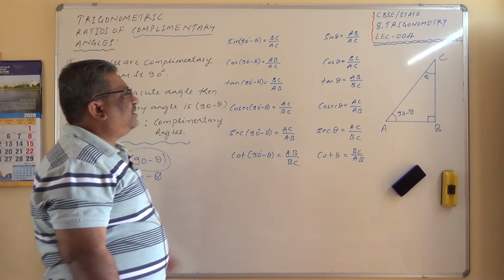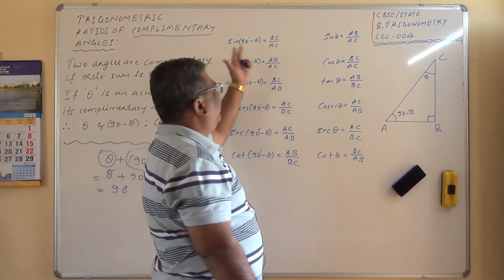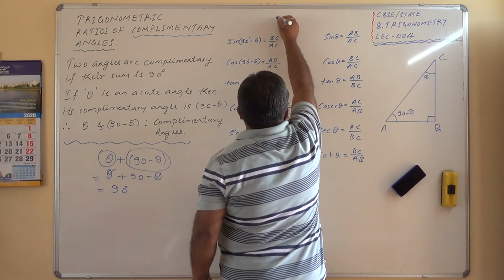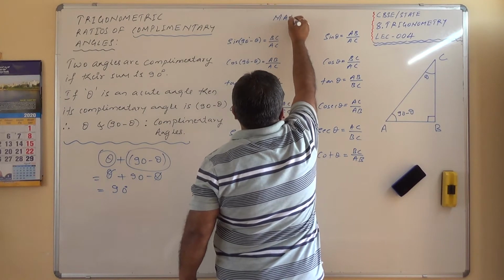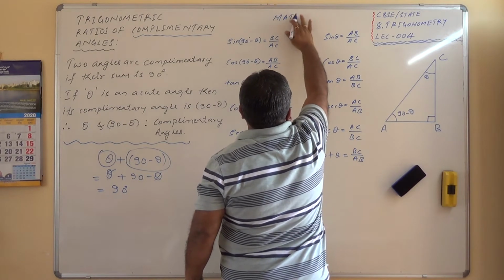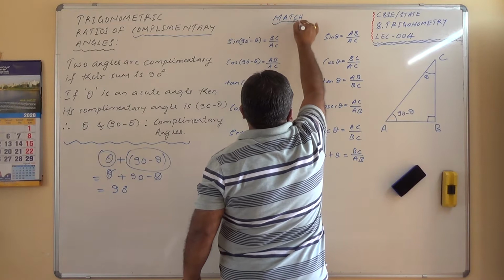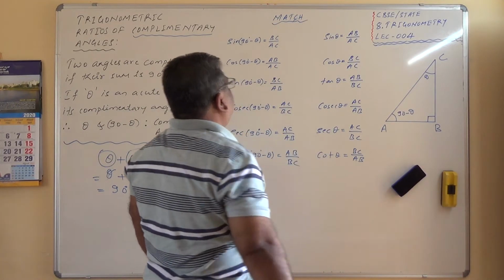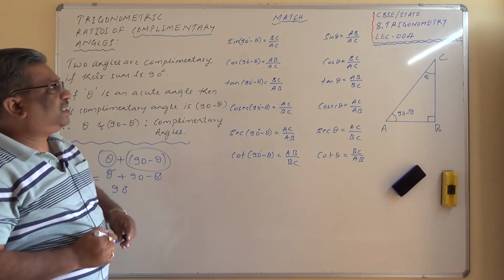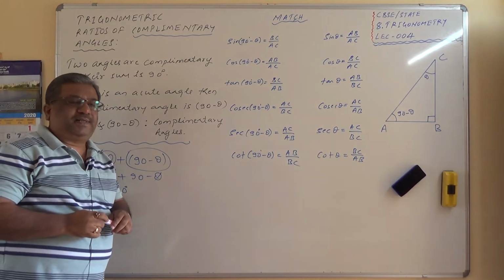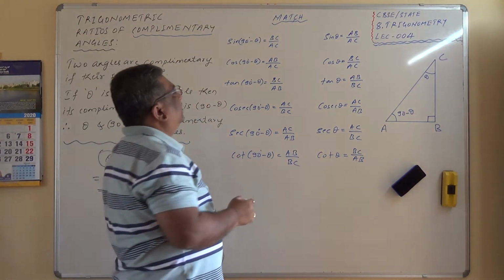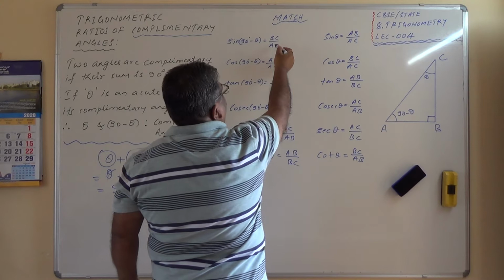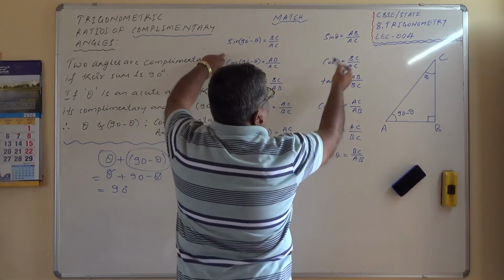Now match the following. For you the exercise here is to match. How do you match? Based on the T ratios, that is the sides basically. Let's see here, BC by AC. Where is this BC by AC?